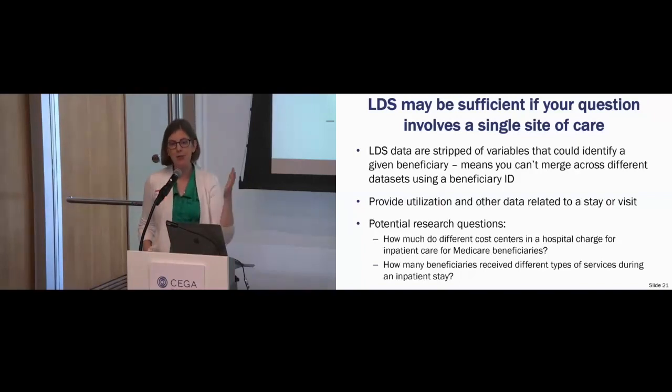So if you're interested in something that just focuses on the inpatient care, that's great. But unfortunately, if you need to crosswalk across different of these claims data sets, you need to go for the research identifiable files. But you do get to see utilization and other data related to specific stays and visits as part of these files.